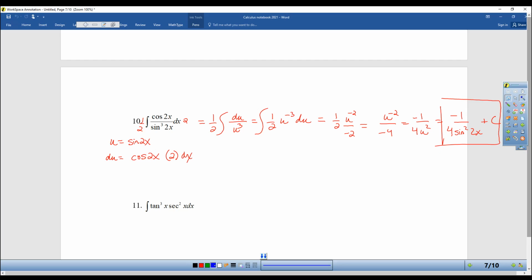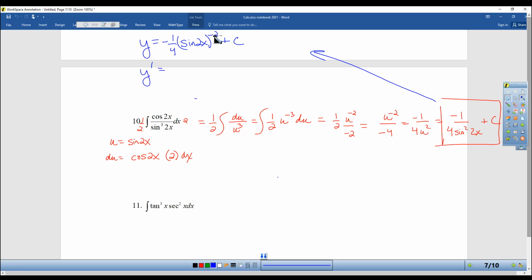Can you check these? Absolutely. If I gave you this and I told you that y was equal to that, I would hope that you would take the 1/4 out, make it sine of 2x to the negative 2 plus c.